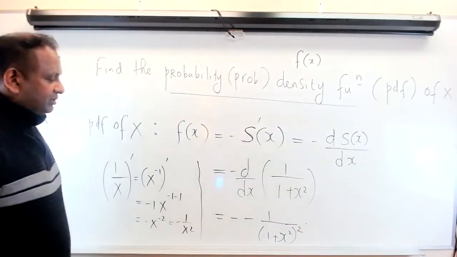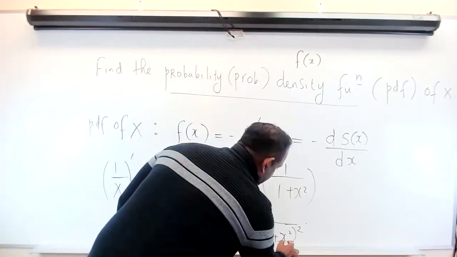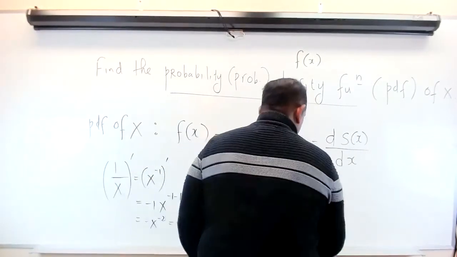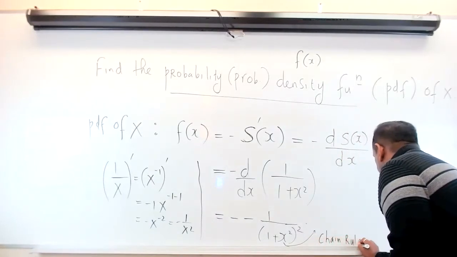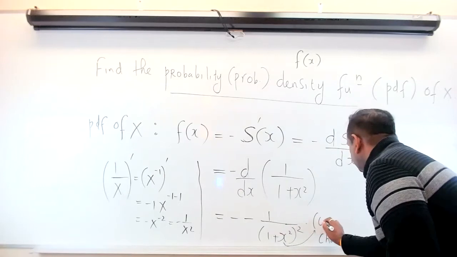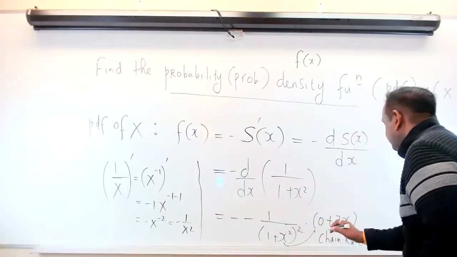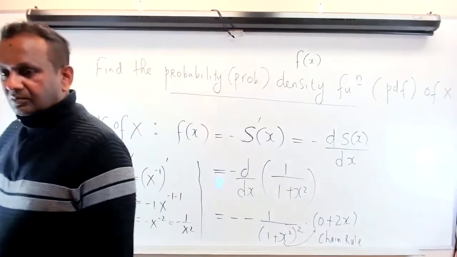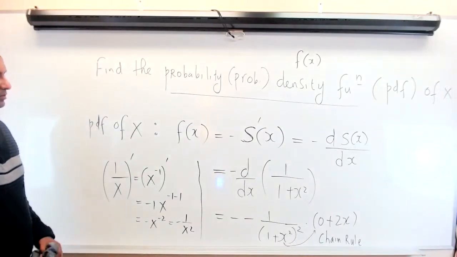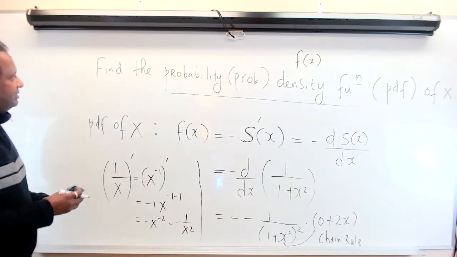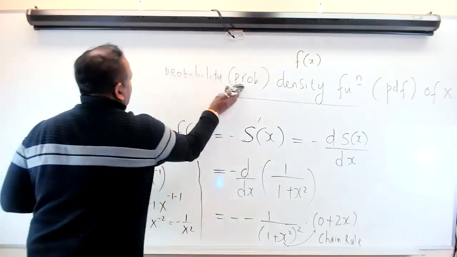With the chain rule, you take the derivative of the inside, which is 0 plus 2x.